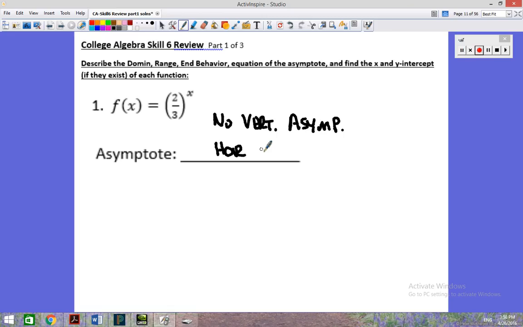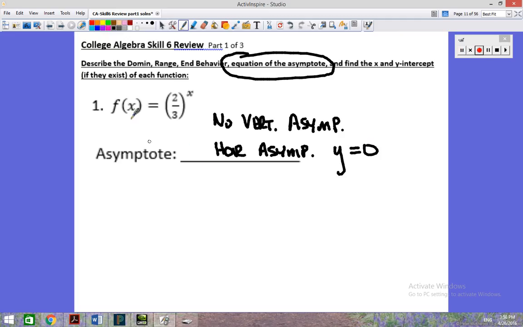You don't want to just put 0. It has to be an equation. It says the equation of the asymptote, and that equation is y equals 0.